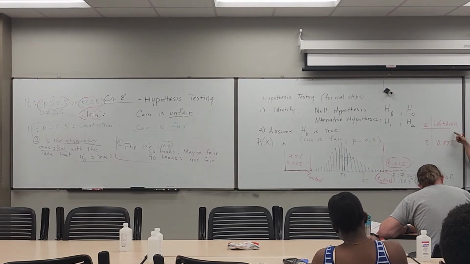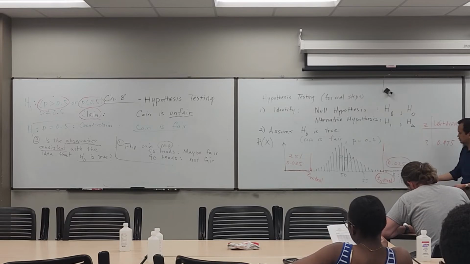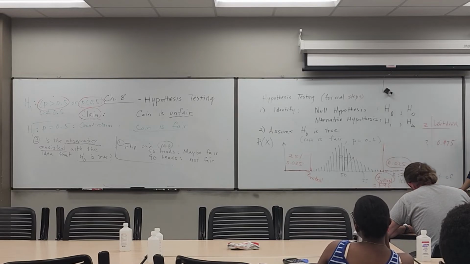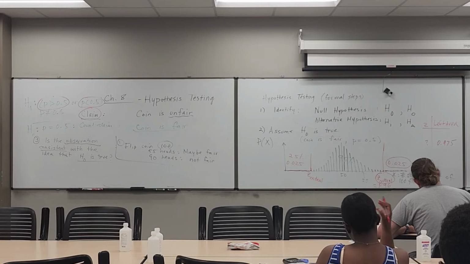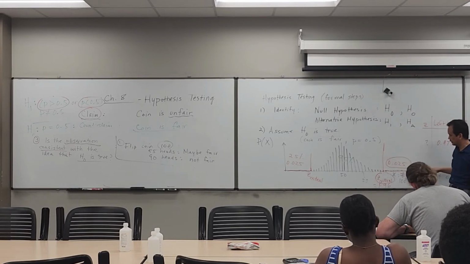So look up 0.975 as the left area, and you'll get the corresponding z-score. And the answer should be 1.96. So z critical, or where that line that starts the right tail, needs to be 1.96.